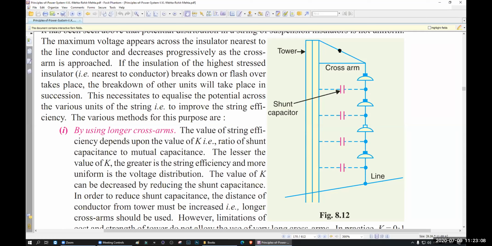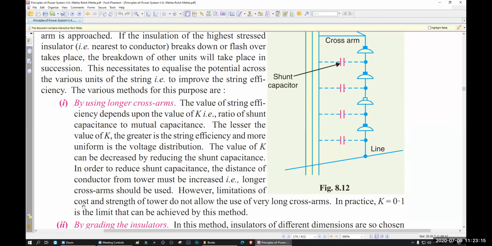You need to use more steel. That will increase the cost. So for these two problems, you cannot use a very long cross arm. There is a limitation. So in practice, k equal to 0.1 is the limit that can be achieved by this method.